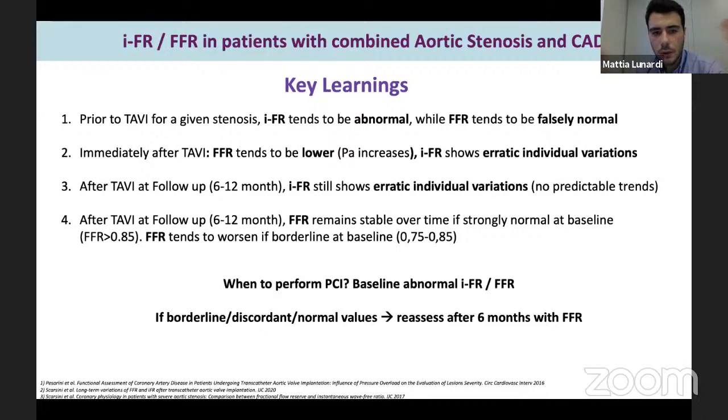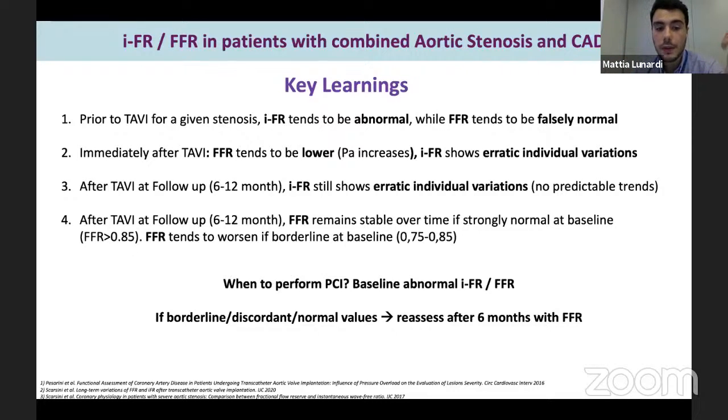After TAVI, at follow-up after 6 to 12 months, again the iFR shows erratic individual variation. We haven't found any predictable trends in its behavior. While for the FFR, we saw that it remained stable over time if it was strongly normal at baseline, I mean above 0.85.